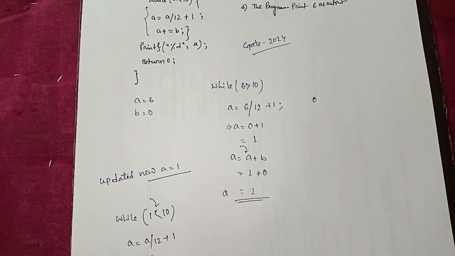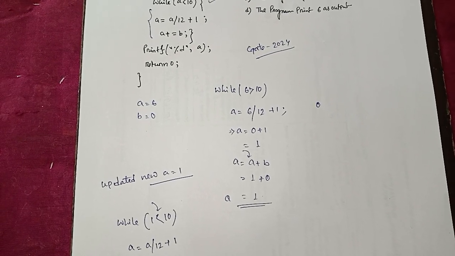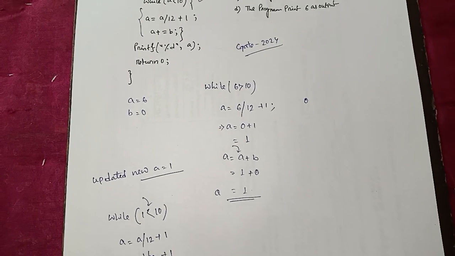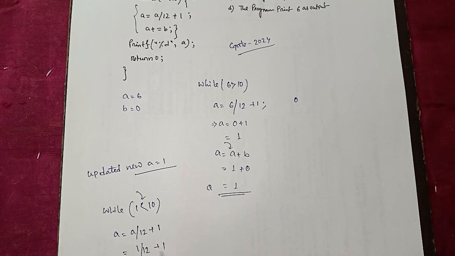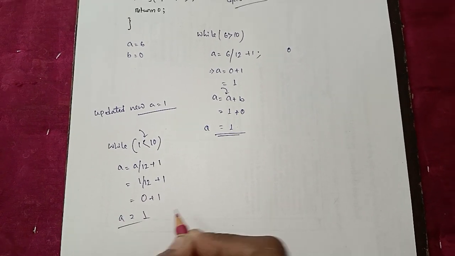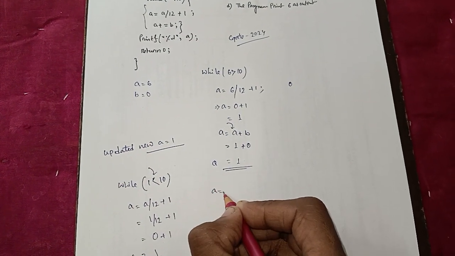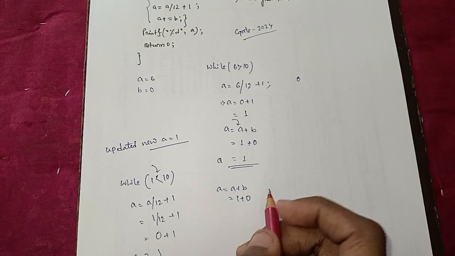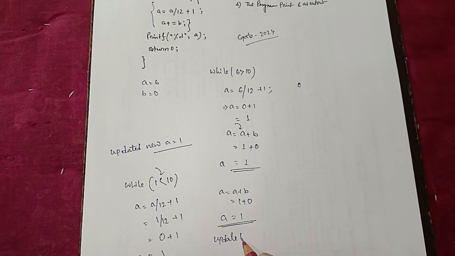So a value is 1 % 12, which also gives 1, and 1 plus 1 is 2. Then the second line of the while loop is executed, where a is equal to a plus b. The value of a is 1 and the value of b is 0. So again the updated value is 1.